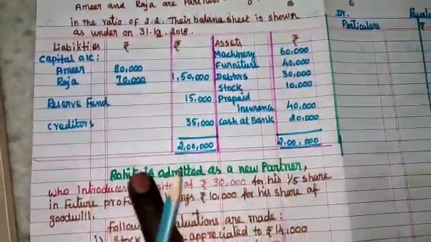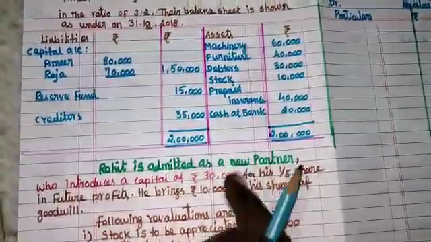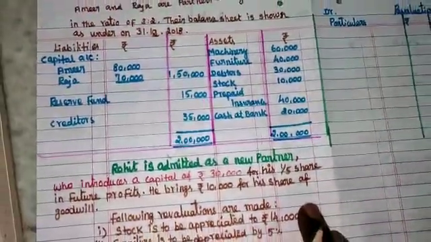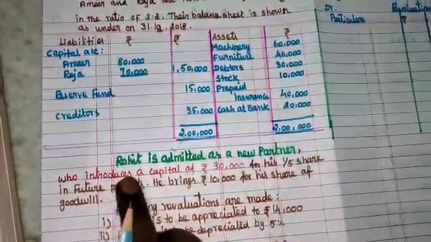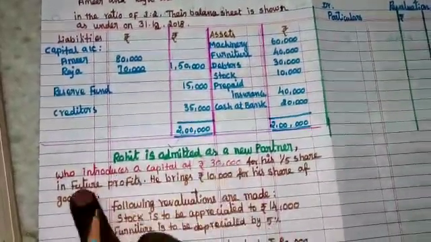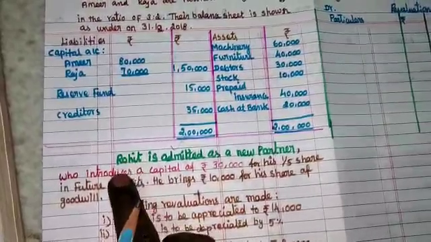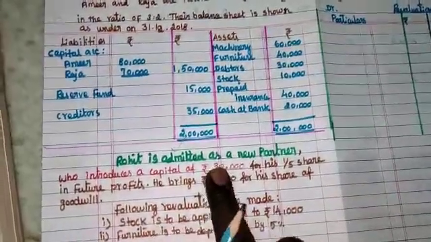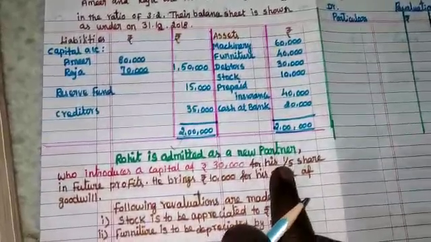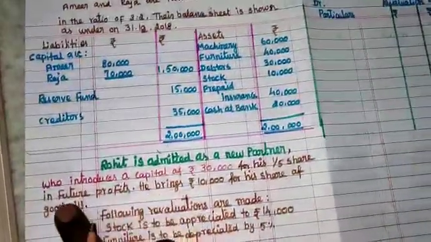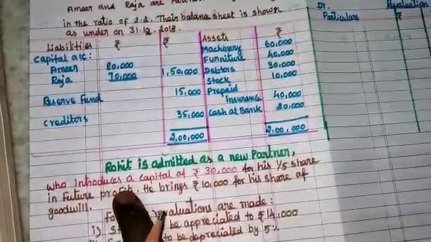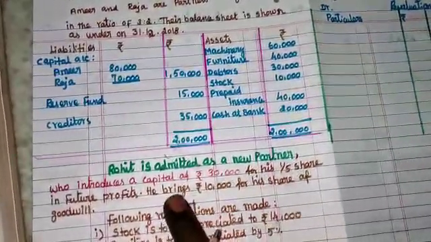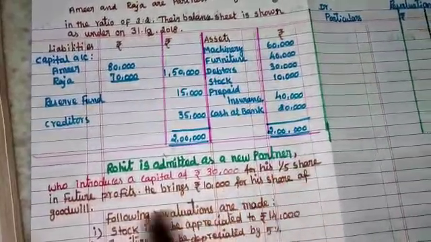Then Rohit is admitted as a new partner. So now it's admission of partner. A new partner, Rohit, is admitted, who introduced a capital of rupees 30,000. He brings rupees 30,000 for his 1/5 share in future profits, and he brings rupees 10,000 for his share of goodwill.